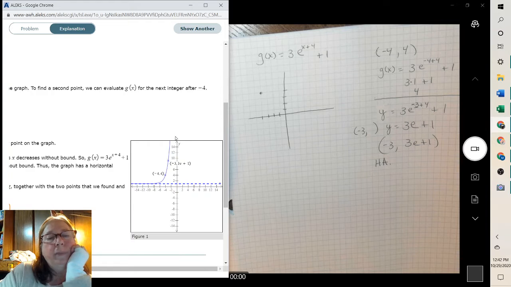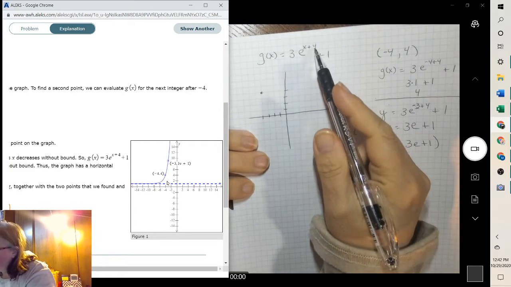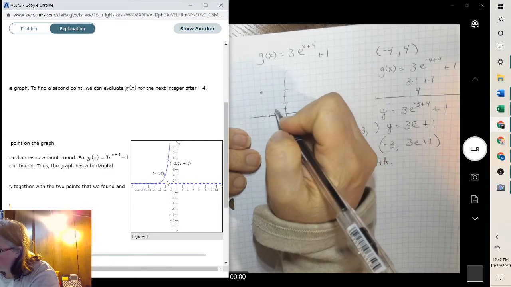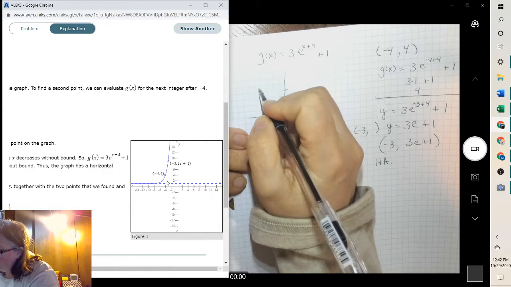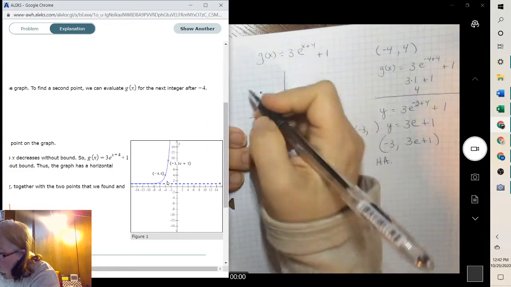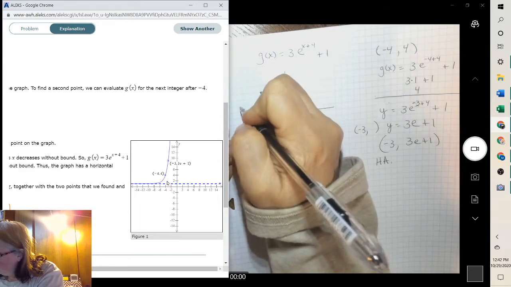And it's growing exponentially. It moved left 4. From here it moves left 1, 2, 3, 4, and up. The 3 is what moved it up more than a 1. So then your graph is here.